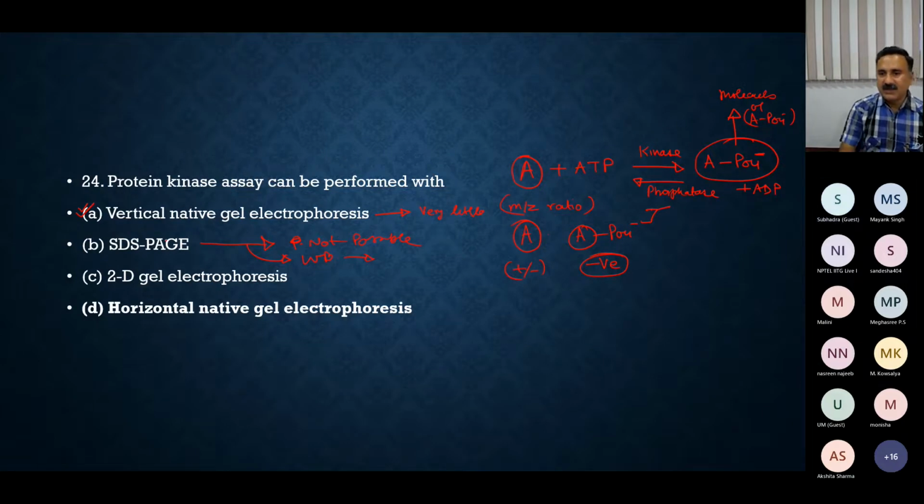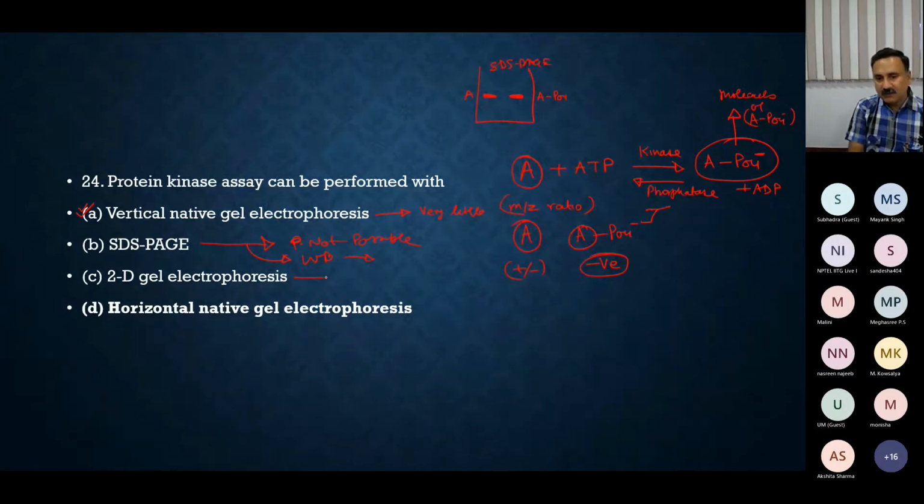Otherwise, SDS PAGE is going to give you the two bands which are going to be the same, because SDS is going to neutralize whatever negative charge you have on the A. So A will not have any difference in terms of migration if you're talking about SDS PAGE. Same is true for the native PAGE also.